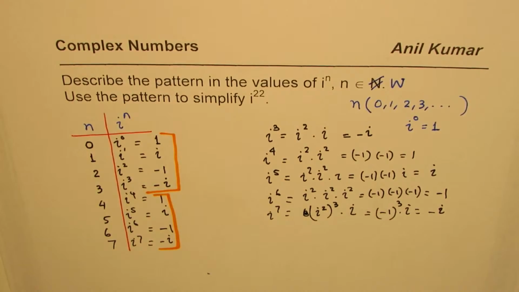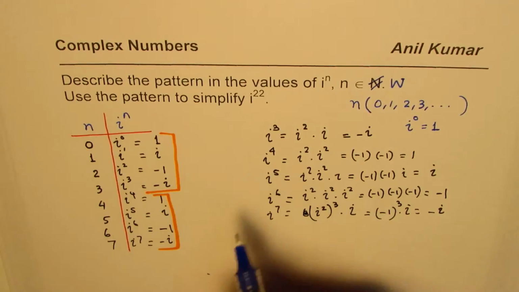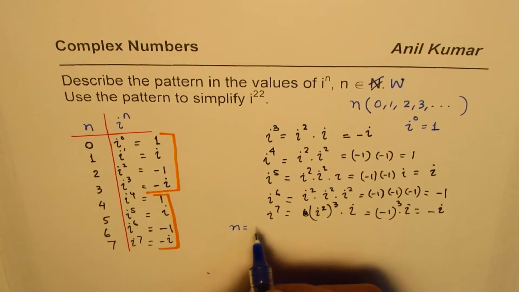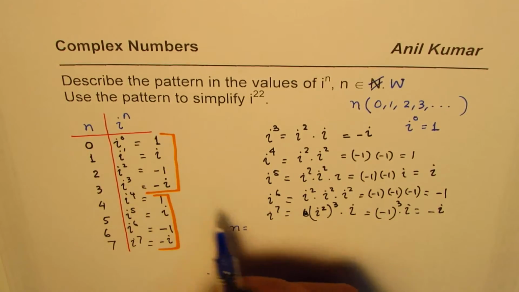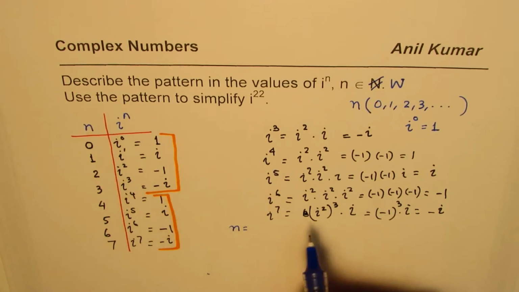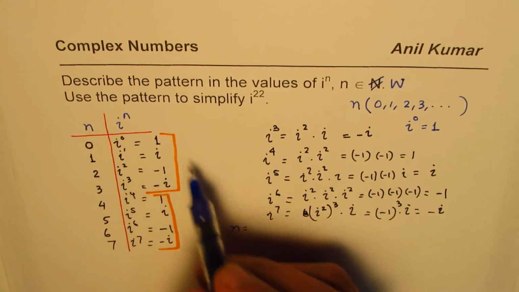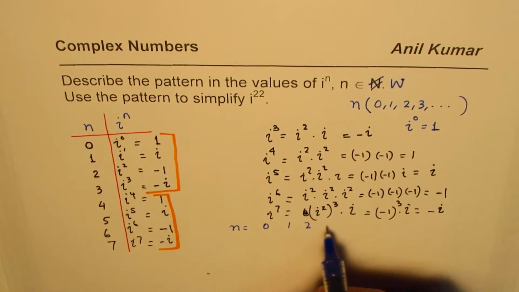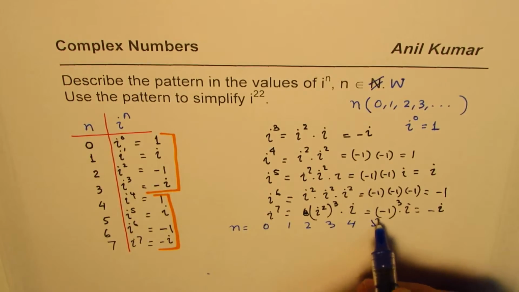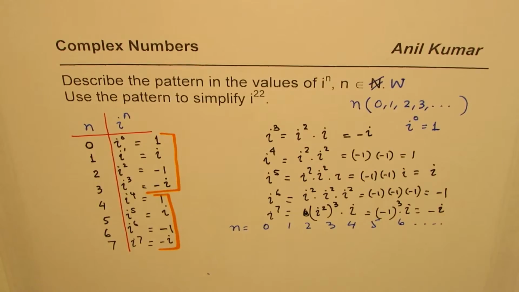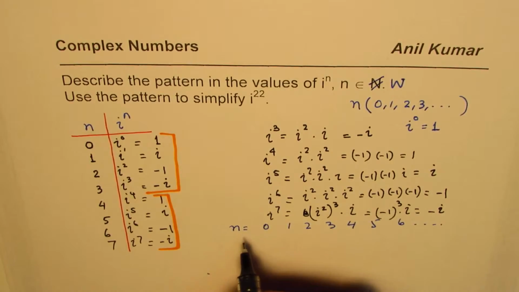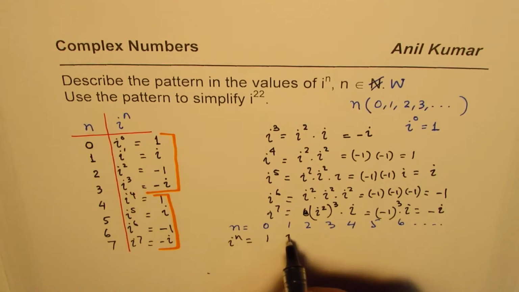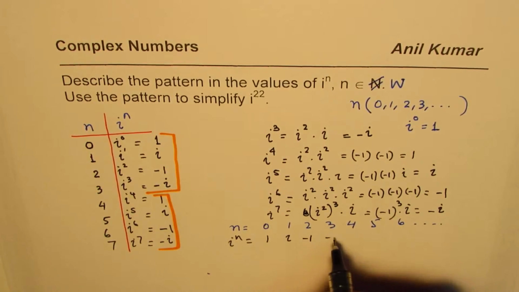So the pattern for us is that when the powers of n are 0, 1, 2, 3, 4, right? It repeats after every 4. So the powers are 0, 1, 2, 3, 4, 5, 6 and so on. The value of i to the power of n is 1, i, minus 1, minus i.